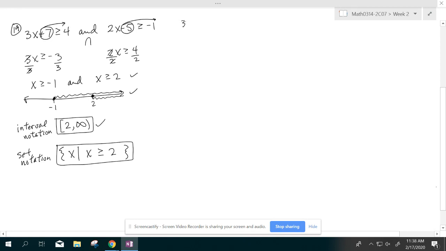33. We've got negative 18, negative 2x minus 7, and 0. All right, so tell me how many inequality symbols are there?